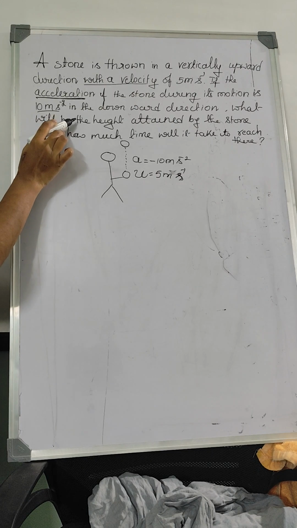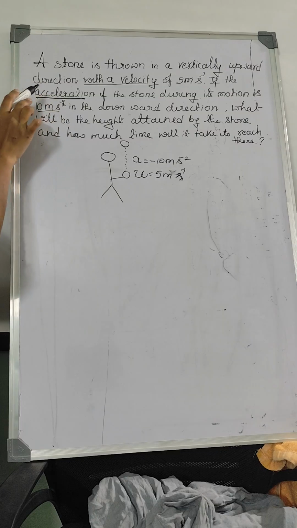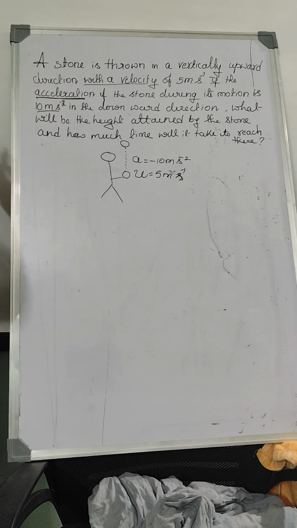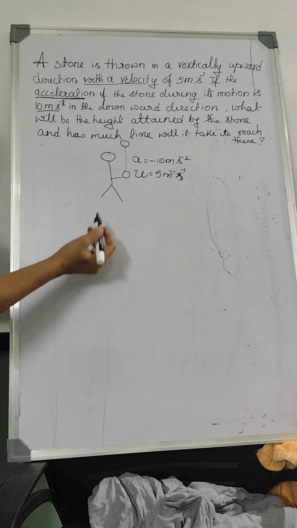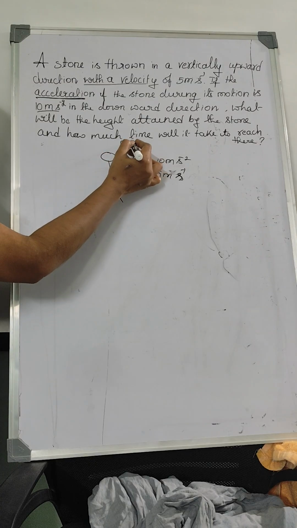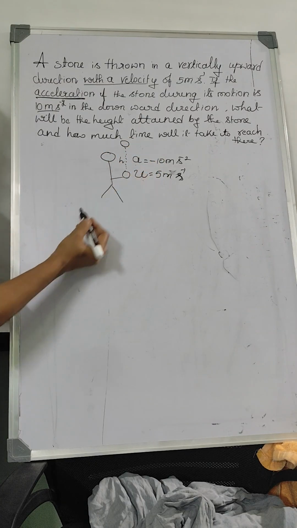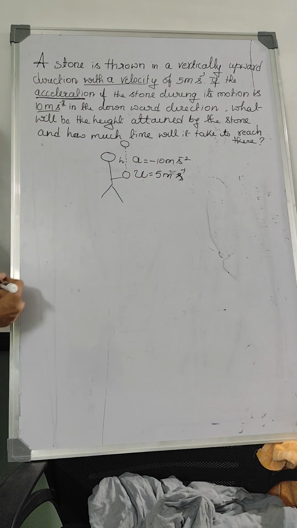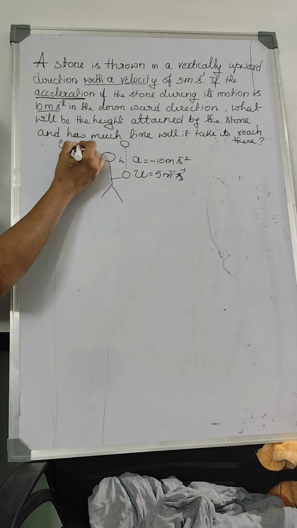A stone is thrown in a vertically upward direction with a velocity of 5 meter per second. We have taken the initial velocity, we have taken the acceleration. Then the next part of the question: what will be the height attained by the stone. Height means this height they are talking about, right? So we need to find that.